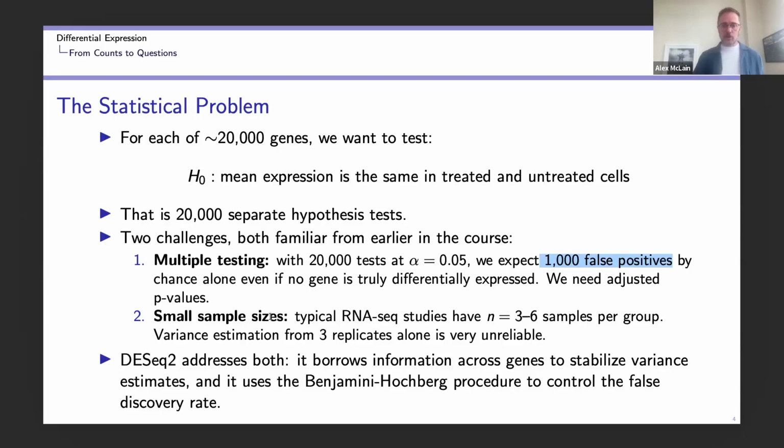2, there's small sample sizes. So in the airways data set, we only have 8 subjects. And a lot of these studies will only have, say, 3 to 6 samples per group. So variance estimation from only 3 replicates or 6 replicates is going to be very unreliable.